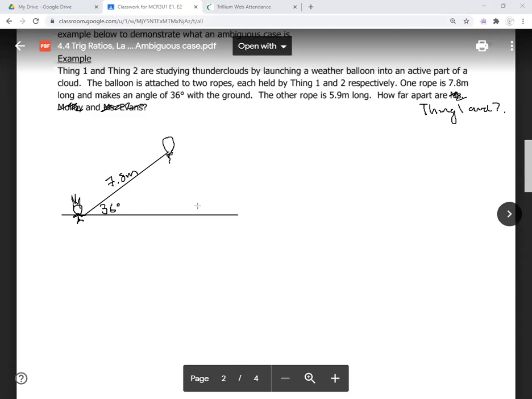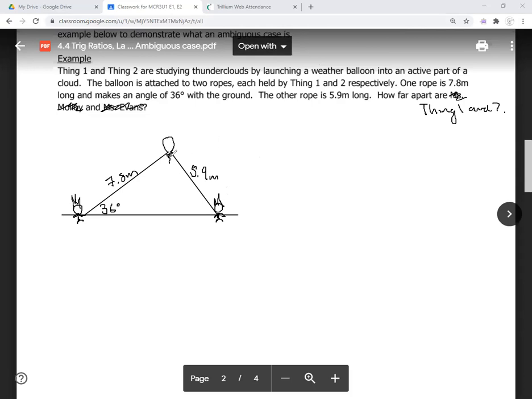Let's finish this off. And that's what makes this grade 11 and not grade 10. In grade 10, they're just like, okay, well, most likely the second line is probably here, and that's 5.9. Some teachers might have asked, how do you know it even touches the ground?